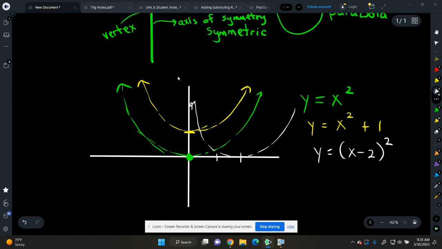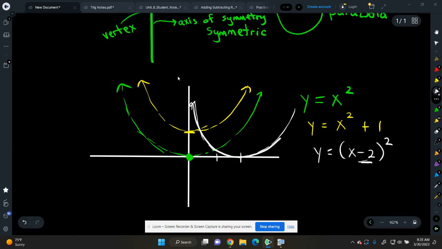When it's inside the function, it moves the opposite direction of what the number is. So it moves to the right 2.